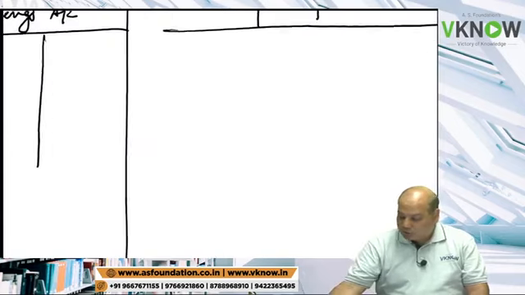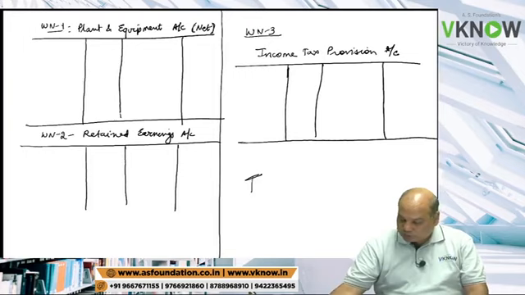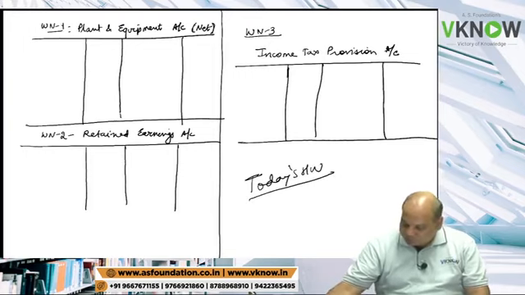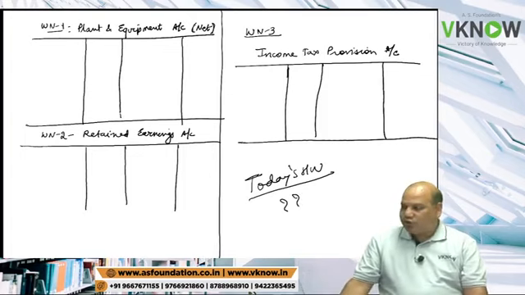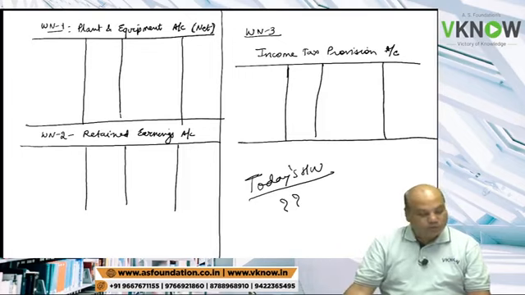And today's homework, what is today's homework? Guess and write yourself. Share capital, there is no change. 140, 140. Retained earning account has a change.